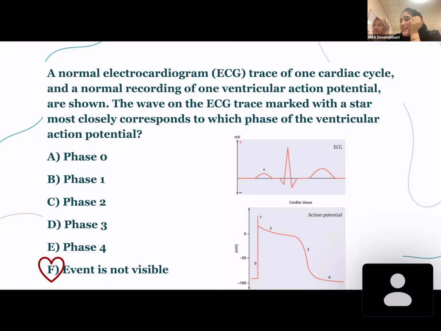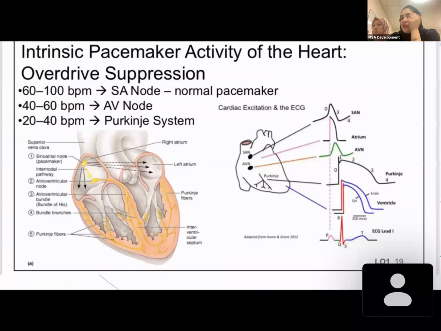So without even looking at the image, you can directly know that it does not correspond to anything in it. You can see here there is an image, literally from your doctor's slide. The PQRST is for the cardiac cycle.